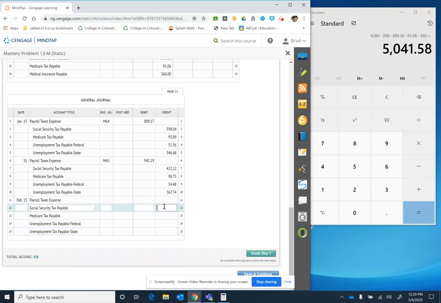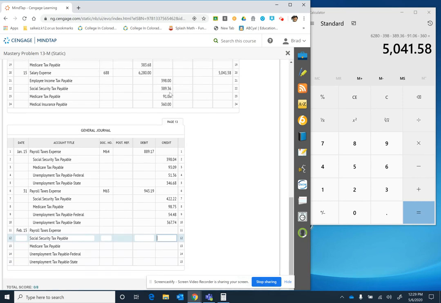Okay, so we're able to pull this information for Social Security and Medicare because we did that above, and that's going to be 389.06. Our Medicare tax is going to be $91.06, but now we need to find the federal and the state.